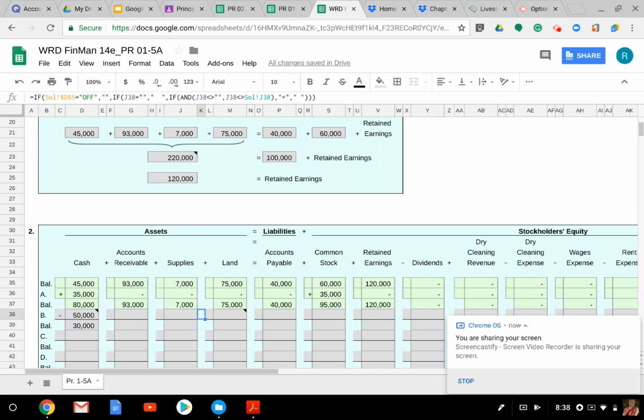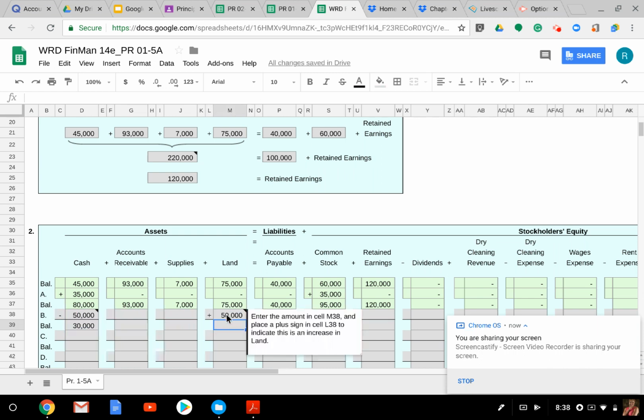It did not affect supplies, but it did affect the land because that's what we purchased. So we're going to increase land by the 50,000 that we just acquired. So 75,000 plus 50,000 gives us 125,000 in land, if my math is correct.